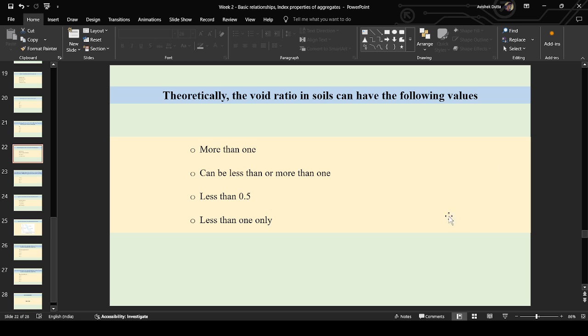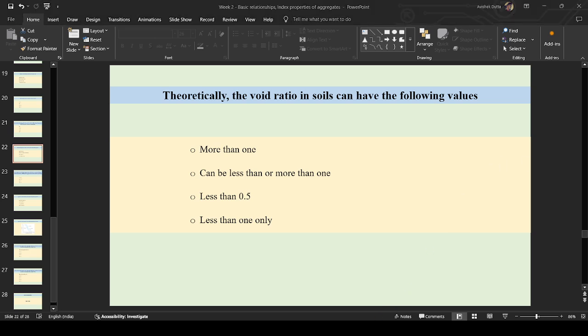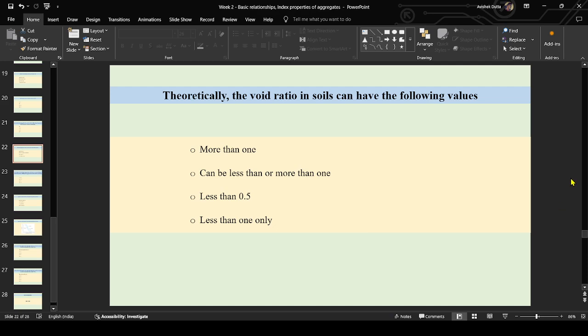Sir, why did you add "theoretically"? If you remove that, the answers remain the same, right? The answers remain the same, but it depends upon which option is correct.